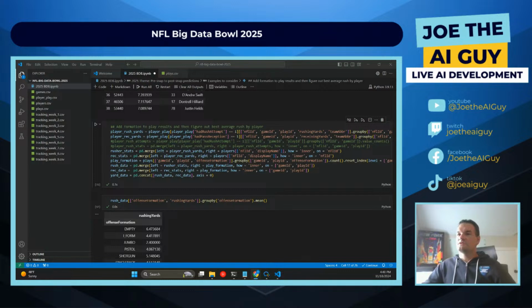Or even the pass result, because that has a variety of outcomes: completed pass, incomplete, quarterback sack, and intercepted pass. So let's do that.